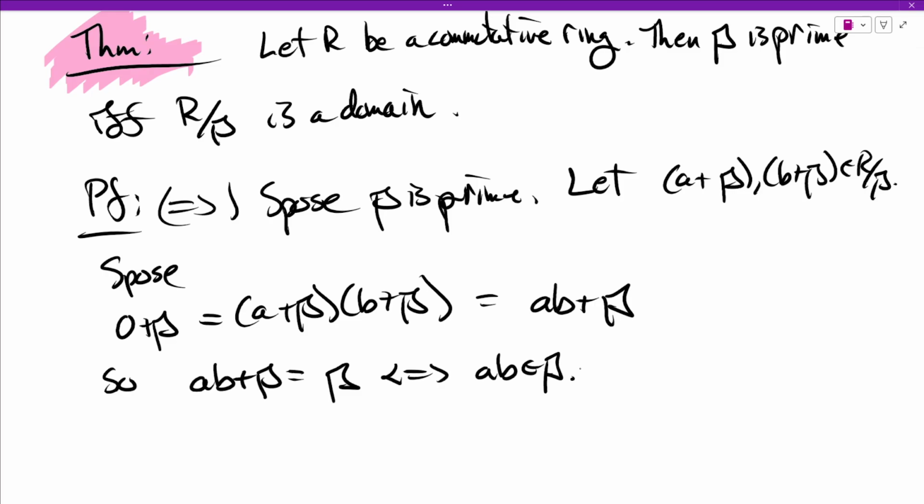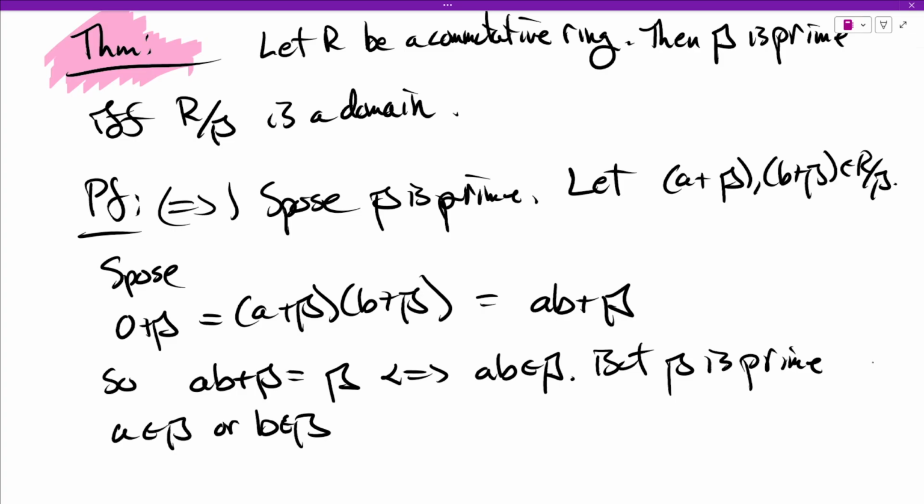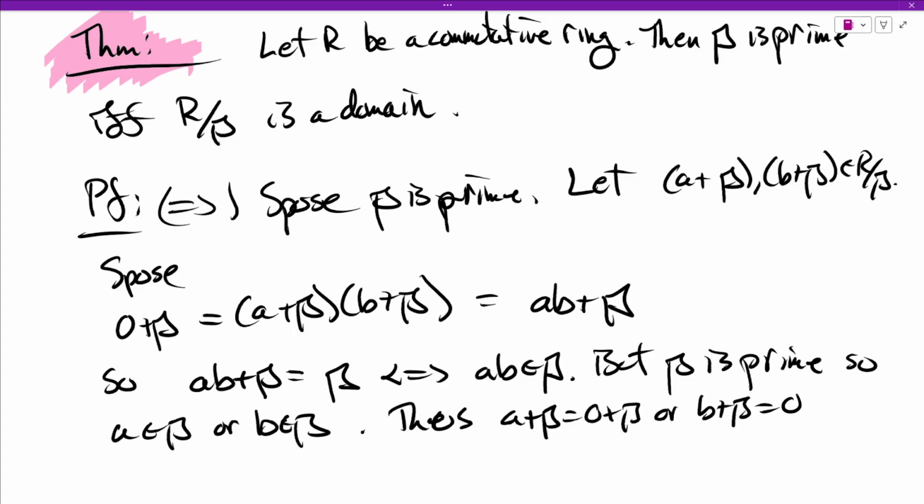or equivalently, AB is in the ideal P. But P is prime. And if we have a prime ideal and a product in it, A is in P or B is in P. But this says A plus P is 0 plus P, or B plus P is 0 plus P. So if we have a product of two guys being 0, it must be that one of them is equivalent to the 0 coset, which is 0 in the quotient.